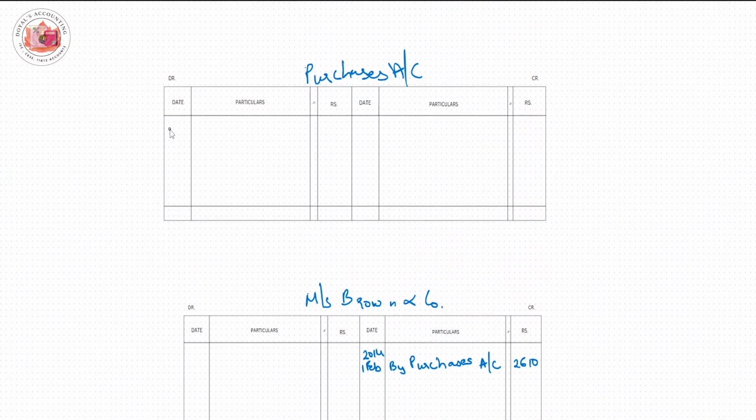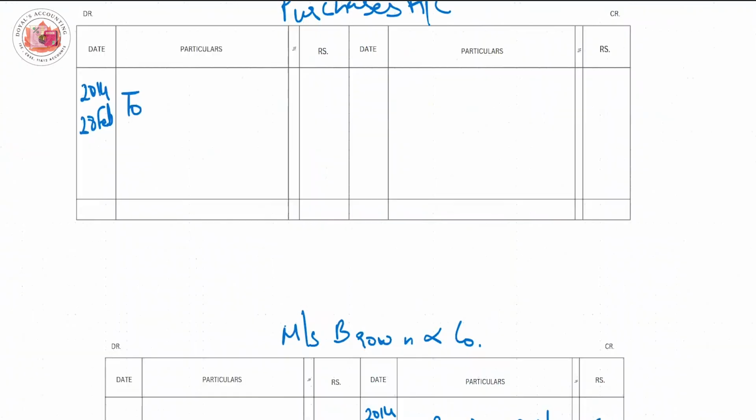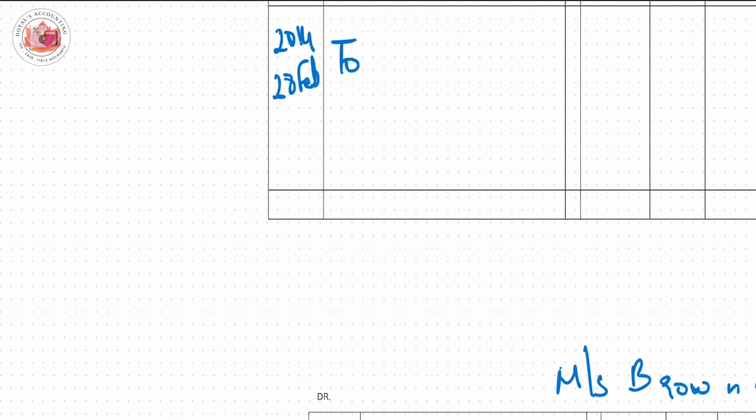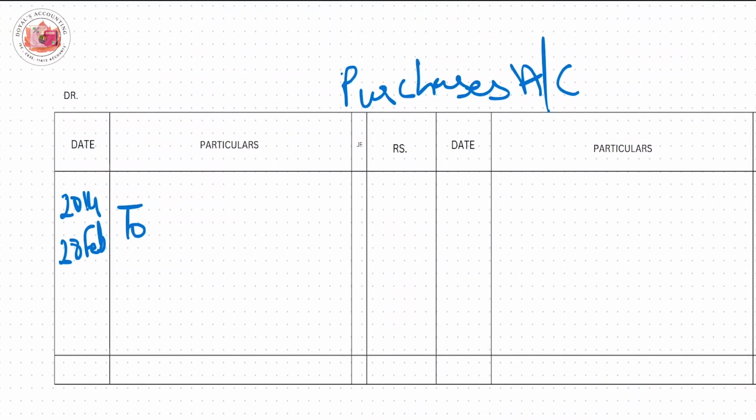In my purchases account, I will pass this entry. 2014, I will write the closing date. 2014 was not a leap year, so 28th February I will write. Remember, what is the journal entry for a credit purchase? Purchases account debit to the creditor.